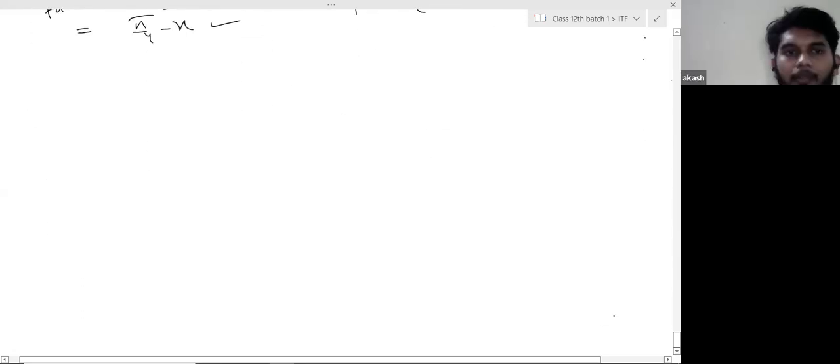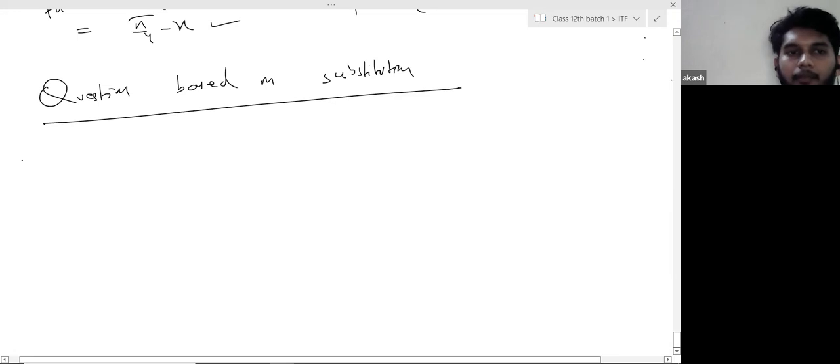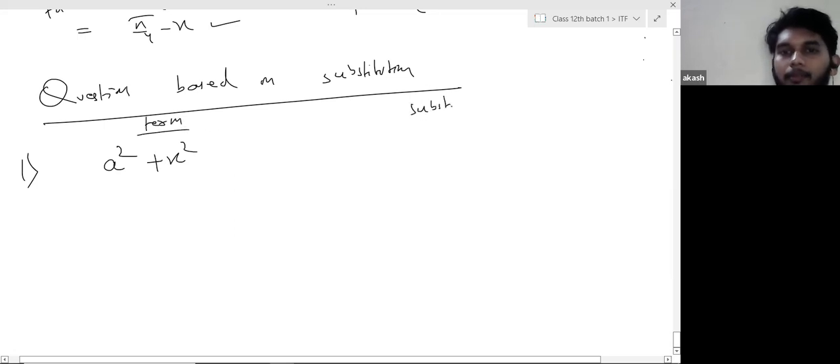So one more type of questions you will face, that is questions based on substitution. All right. First one is, if you see a square plus x square, this is the term and substitution.